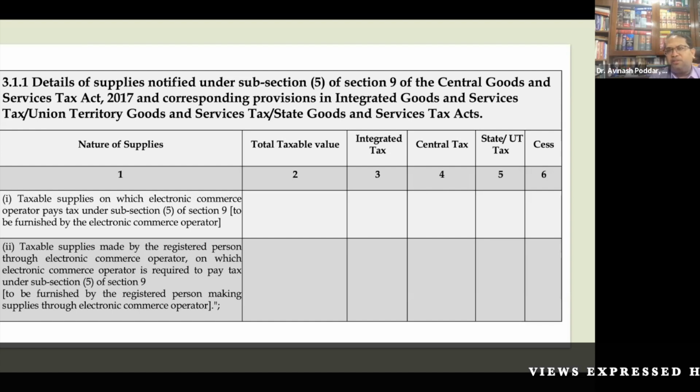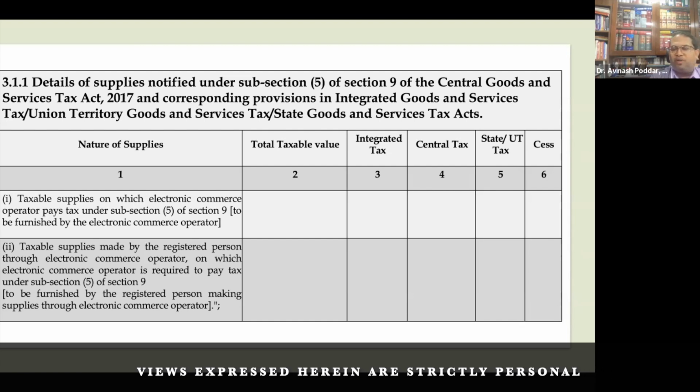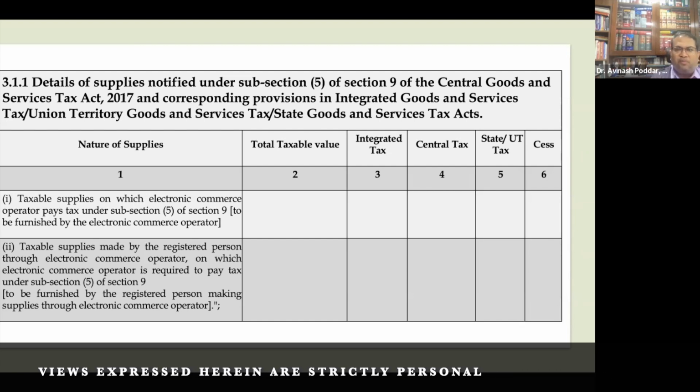In both the cases the report will not be in 3.1, it will be now in this 3.1.1. So this is the first change.